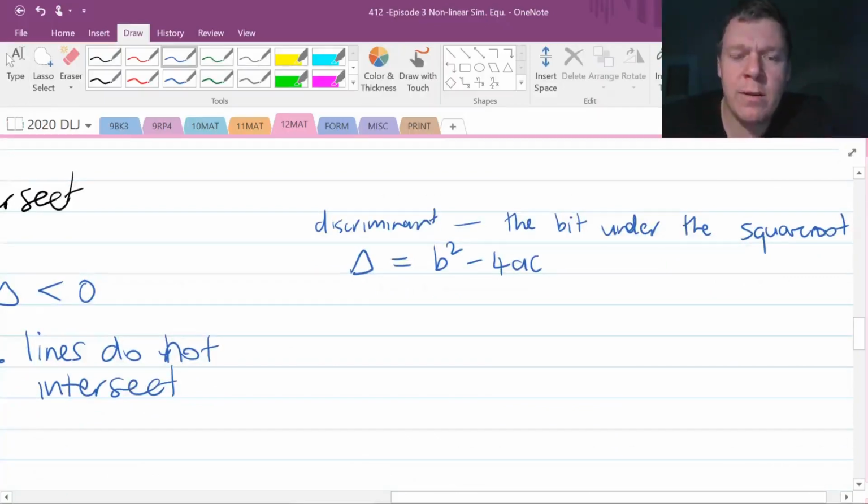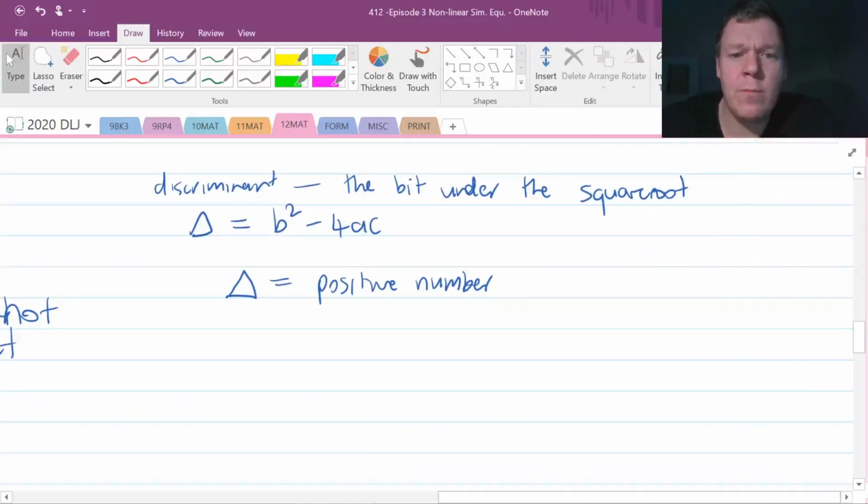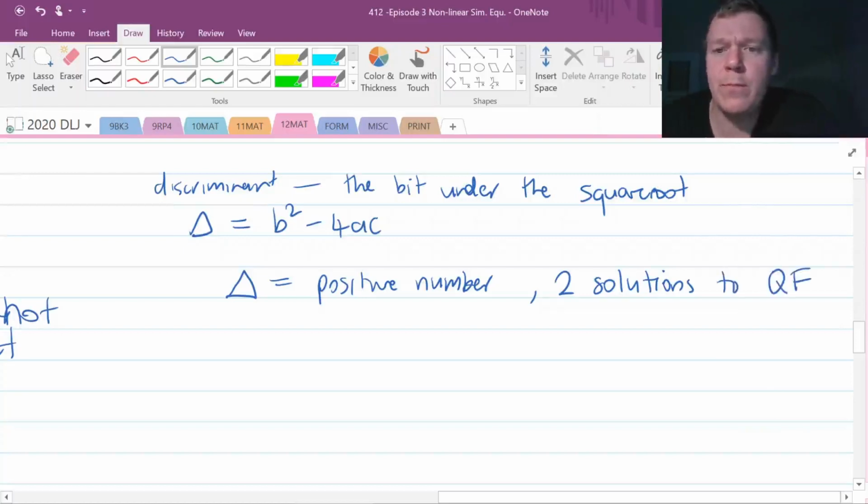So there's three things that could happen. First thing, the discriminant is a positive number. When this is the case, there are two solutions to the quadratic formula, right?